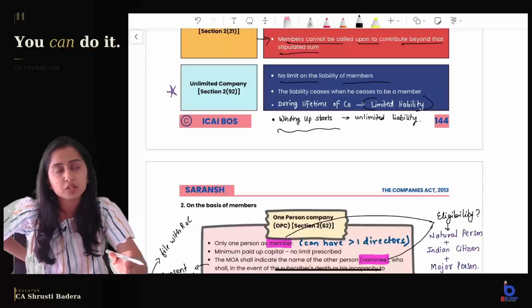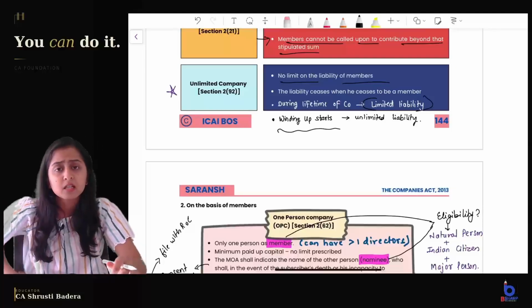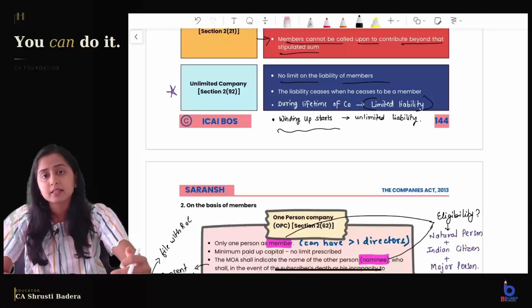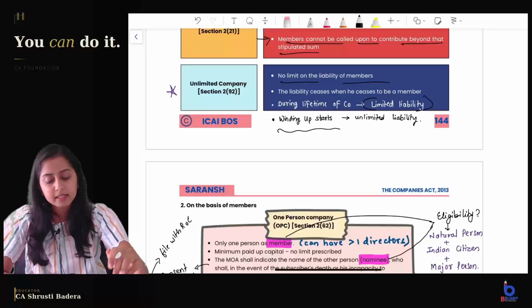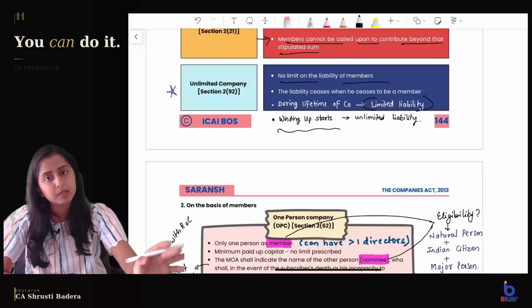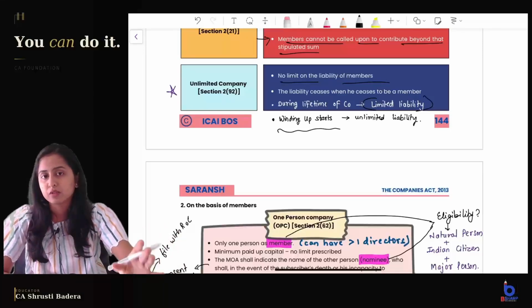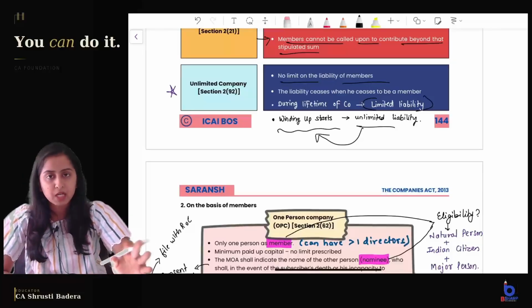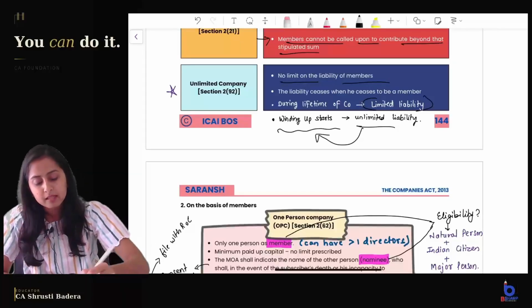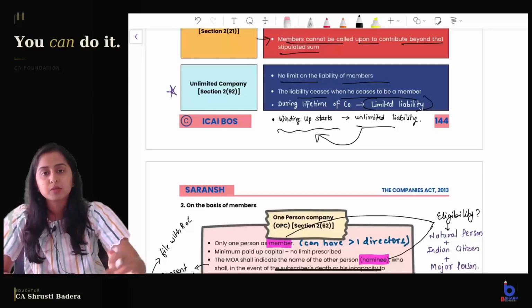So they can give you a question that there is no winding up case, but the creditor of the company files a case against the shareholder or the member to repay his loan taken by the company. Right, in that case the member of the unlimited company is not liable to repay the loan of the company, because the liability becomes unlimited only when the winding up starts, not any time before, and the liability ceases only when you cease to be a member.